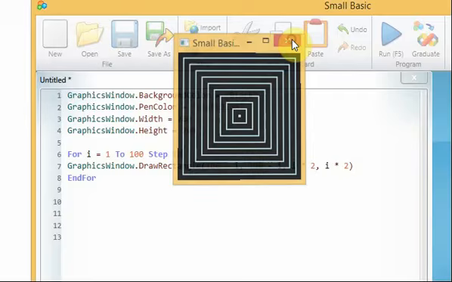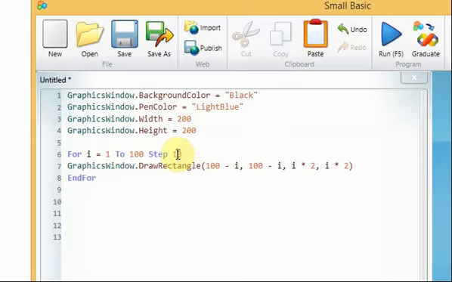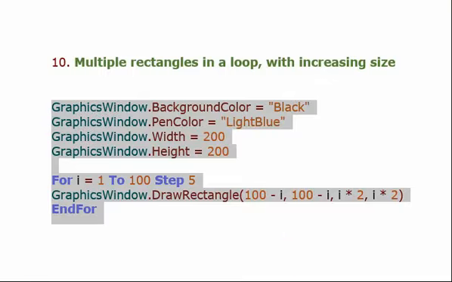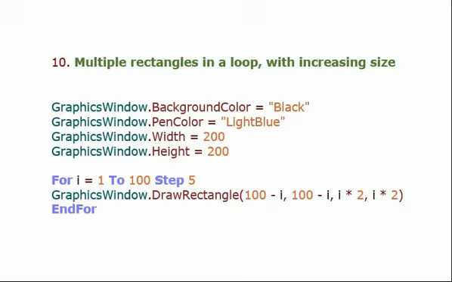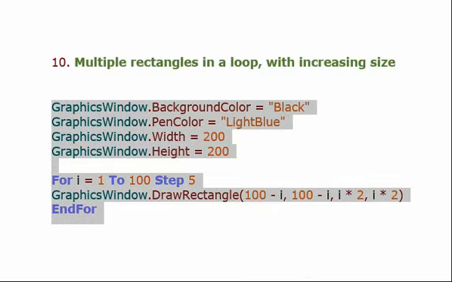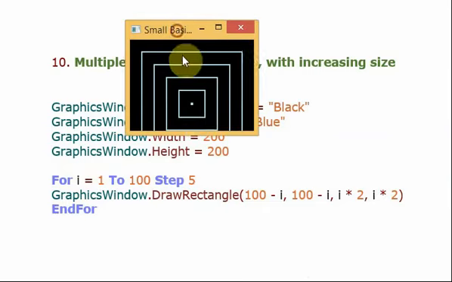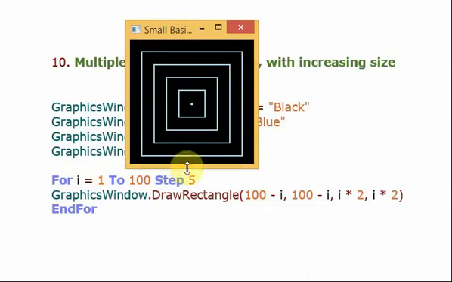Now even if you make it 20, the box is running. Here see, the starting point is this.